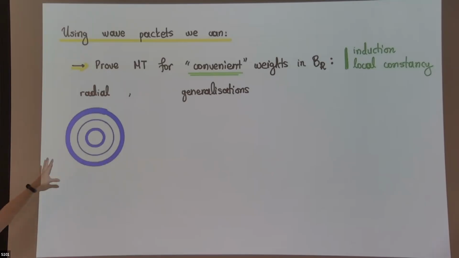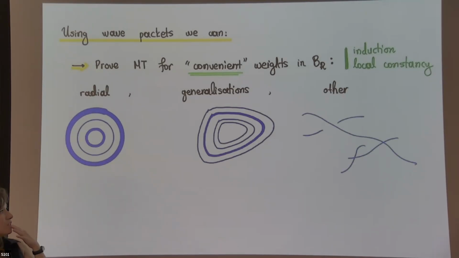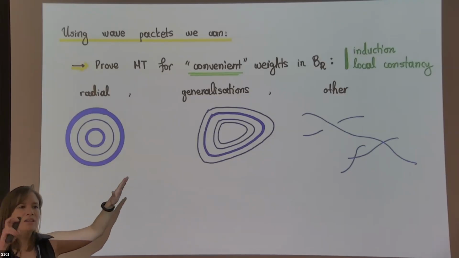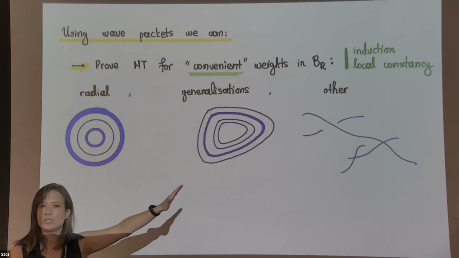So how do you create a radial weight? You take a circle and you keep dilating it. We could just take another simple closed curve, whose curvature is bounded away from 0, and keep dilating that one. And we can prove it for such weights as well. And also for other patches of curves, like one neighborhoods of curves, such that their tangents are nearly horizontal, so they are give or take 45 degrees from the horizontal values.